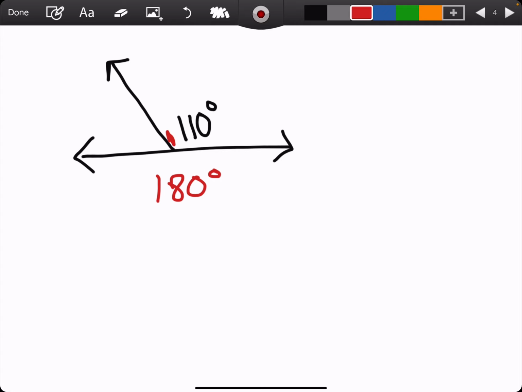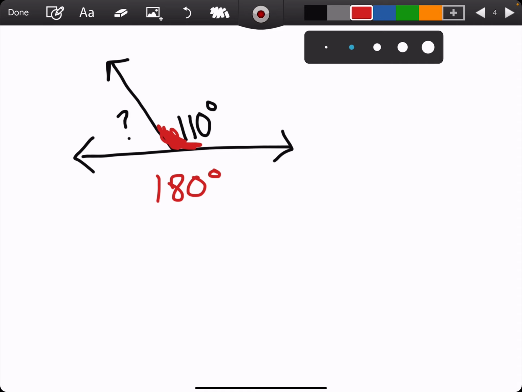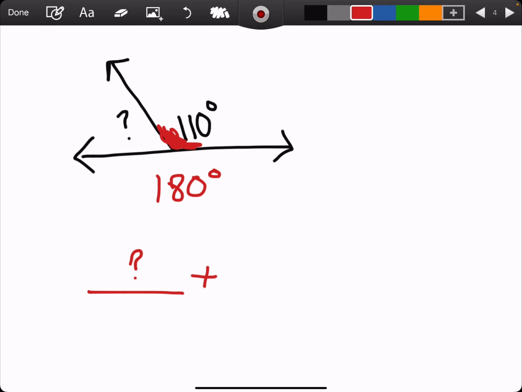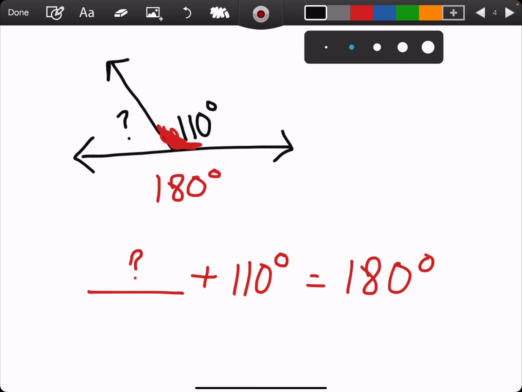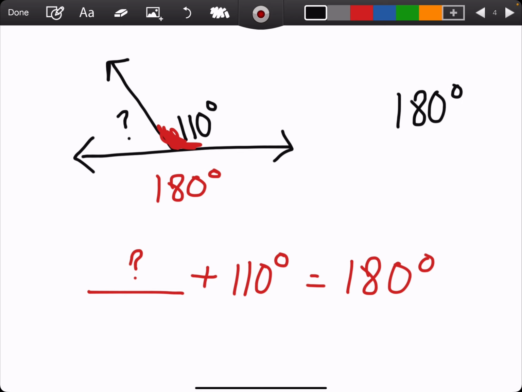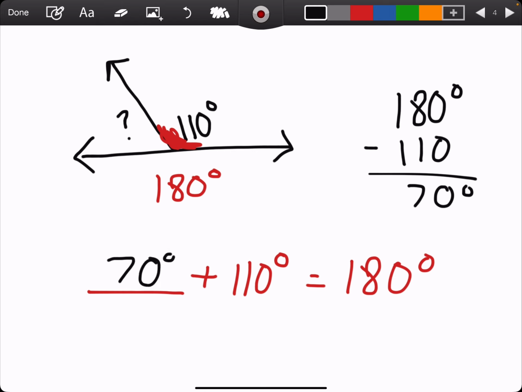This angle all in here, what is this angle that's missing? Well, I'm doing what angle blank plus 110 degrees equals my 180 degrees. All right, I can work backwards, and I could say 180 degrees minus the 110 that I know is 70 degrees. So missing would be 70 degrees.